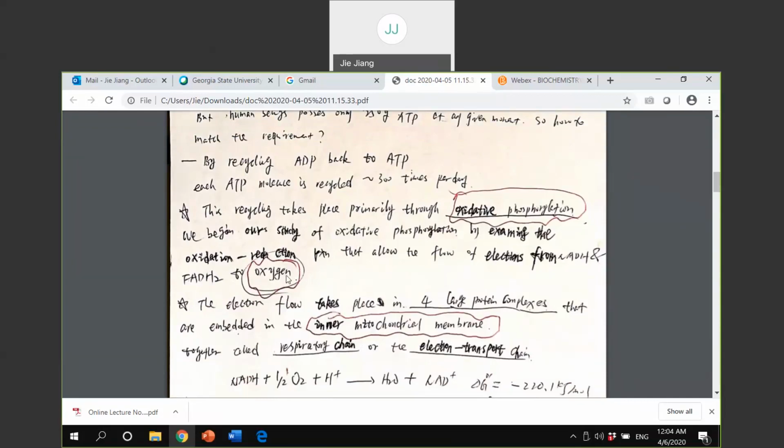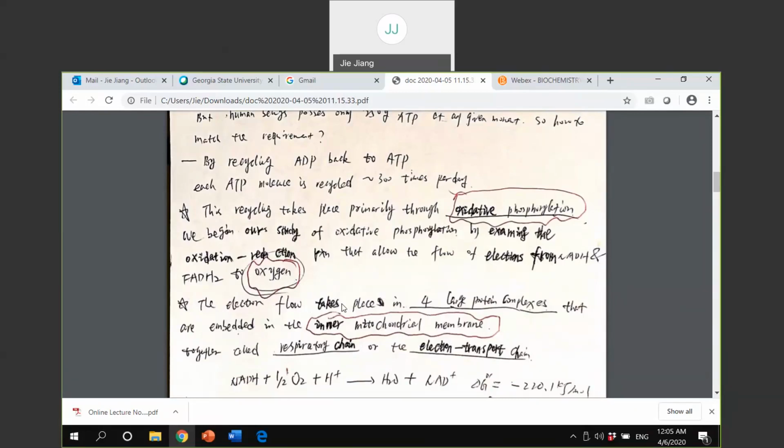So oxygen is your oxidizing agent, and NADH and FADH2 are your reducing agents. Before, we always said NADH and FADH2 are electron carriers. Now we know where those electrons go. Eventually, they will be accepted by oxygen.